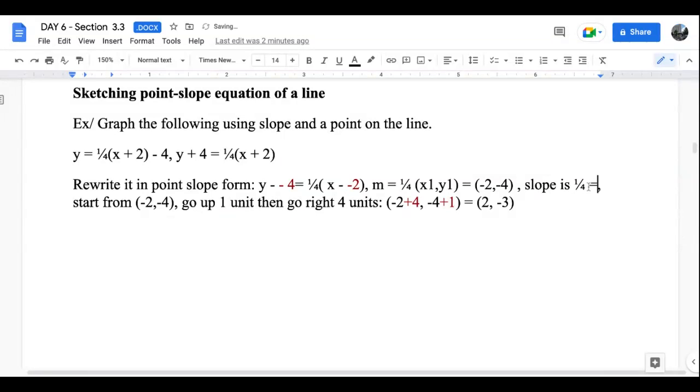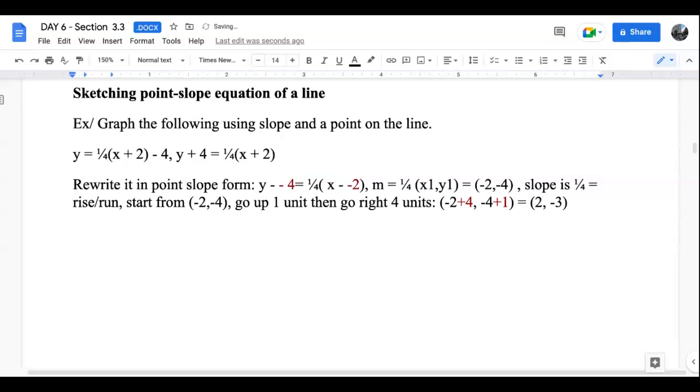Let me write it here. Rise is the change in y, run is the change in x. That's why when we go right 4 units, the x value is added 4. When we go up 1 unit, the y value is added 1. So we get 2 comma negative 3.